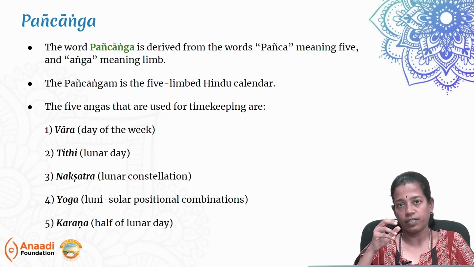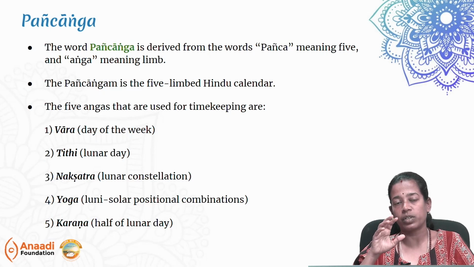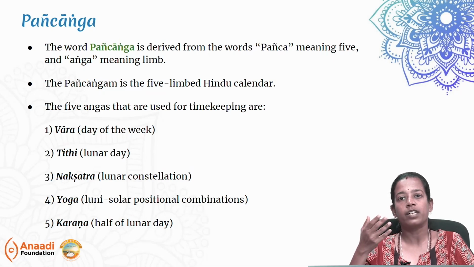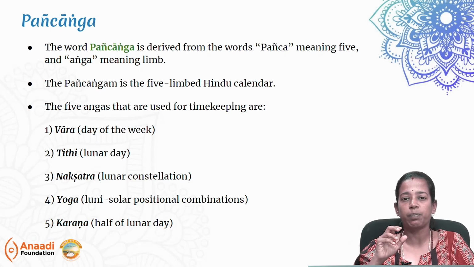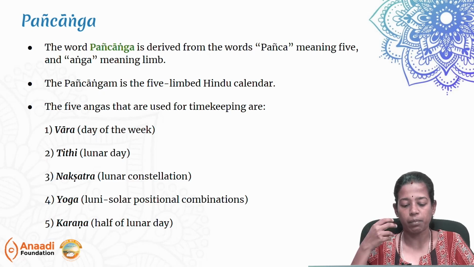We will have very deep dedicated sessions to delve deeper into each of these concepts: what is a Vara, what is a Tithi, Nakshatra, Yoga and Karana. We will have that in the further upcoming sessions. But today in this part we will very quickly try to understand what each of these aspects mean.